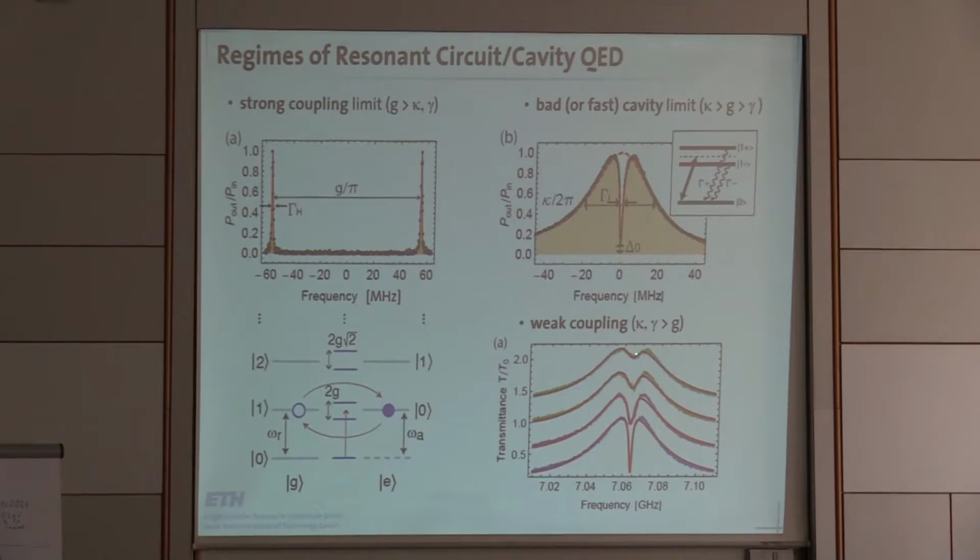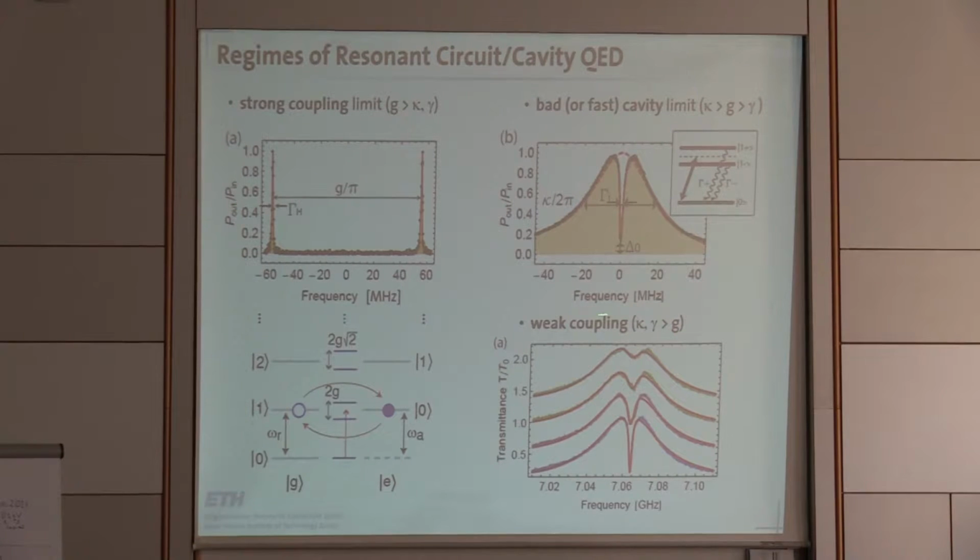Or if you are in the weak coupling regime, if you measure the cavity spectrum, so here's the weak coupling regime where we artificially, in a superconducting qubit, decrease the coherence of our qubit to just look at what would happen to the spectrum. And this sharp dip in the middle, which we have for low qubit decoherence, vanishes if the qubit decoherence increases.